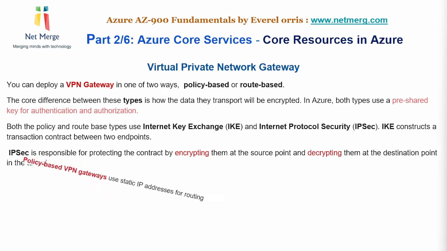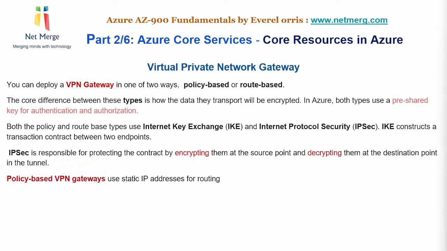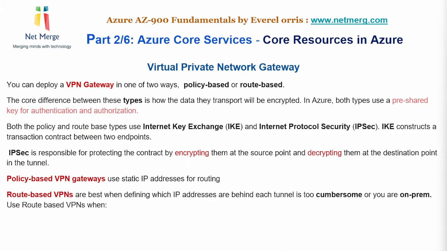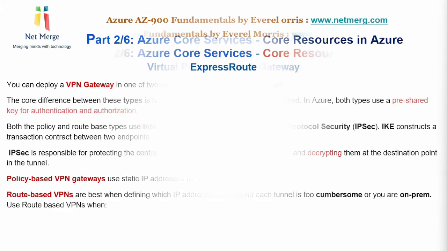So that's what the security in the middle does that I was pointing to. Now, a policy-based VPN gateway uses a static IP address for routing. You don't always have that luxury. Route-based VPNs are best when defining which IP addresses are behind each tunnel is too cumbersome, or you are on-prem and you use a route-based VPN instead.